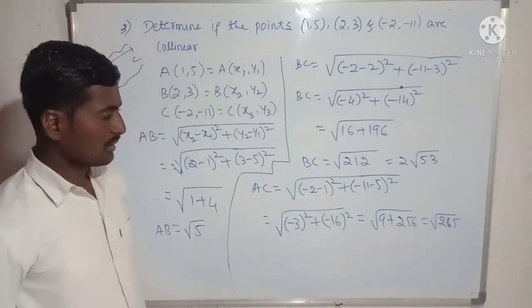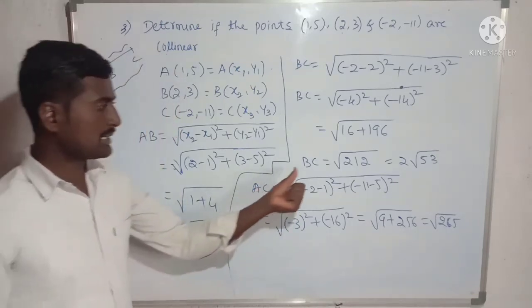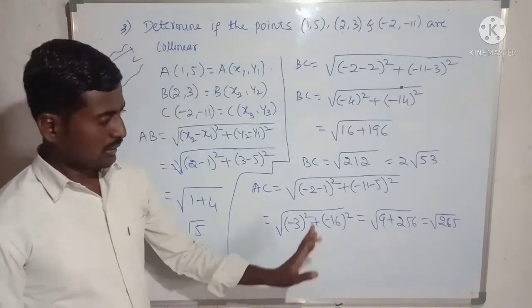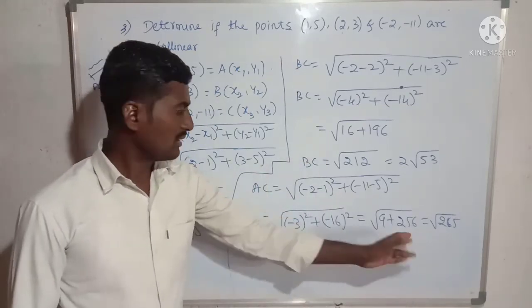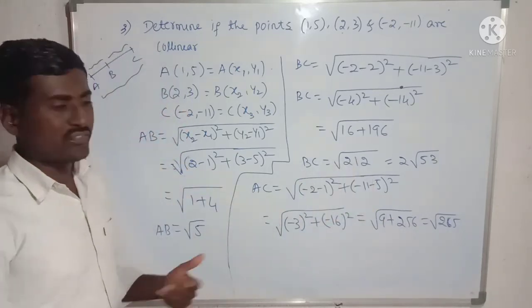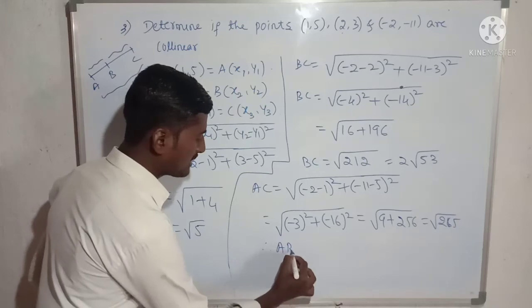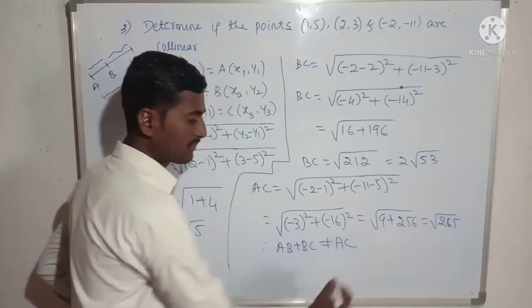Now here AB you are getting as root 5, BC you are getting as 2 root 53. Now is AB plus BC equal to AC? No. Here AB plus BC is different from AC. So AB plus BC is not equal to AC.